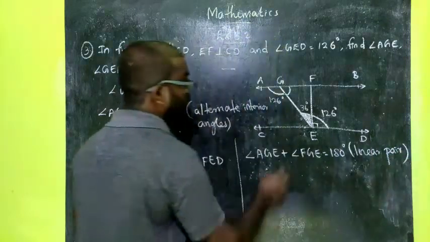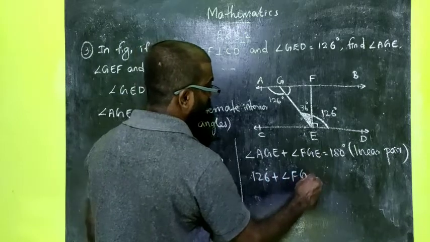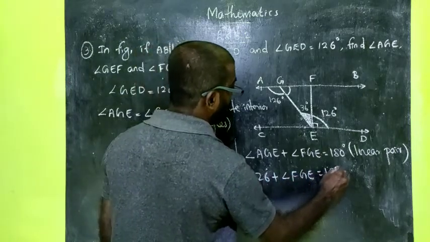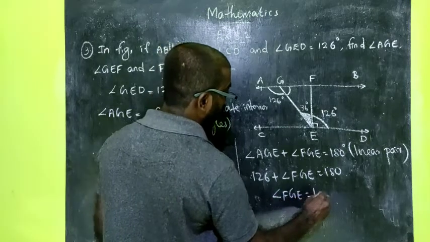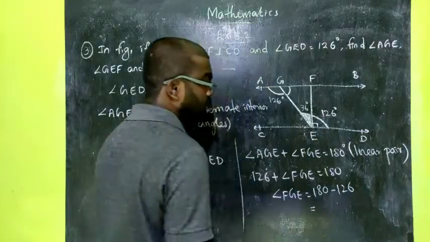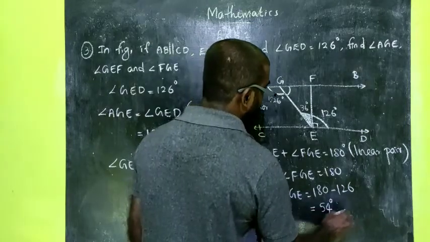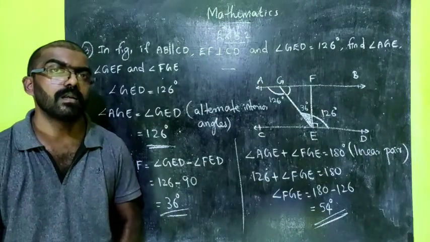And here we can put the value of AGE. So 126 plus angle FGE equal to 180 and angle FGE equal to 180 minus 126, which gives 54 degrees. So angle FGE is equal to 54 degrees.